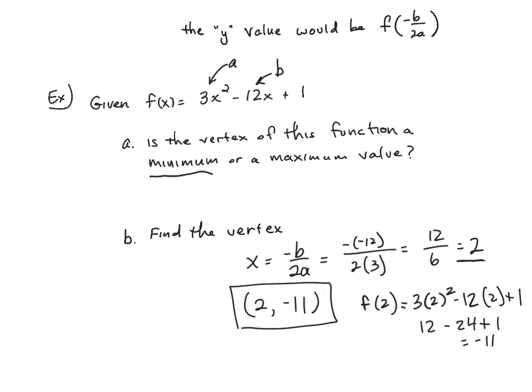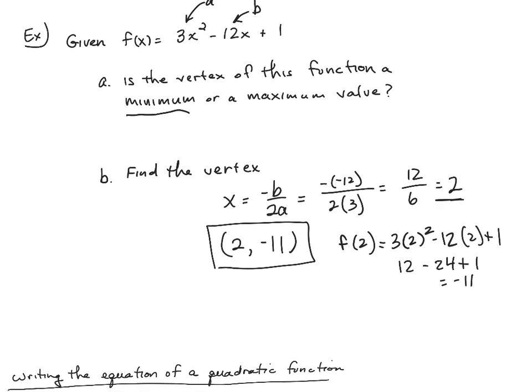And incidentally, you can actually continue on if you did need to graph, or if you needed to, for some reason, write the equation in standard form. Now that you have the vertex, you can go ahead and write the equation in standard form using the vertex, and it's going to have the same a value.